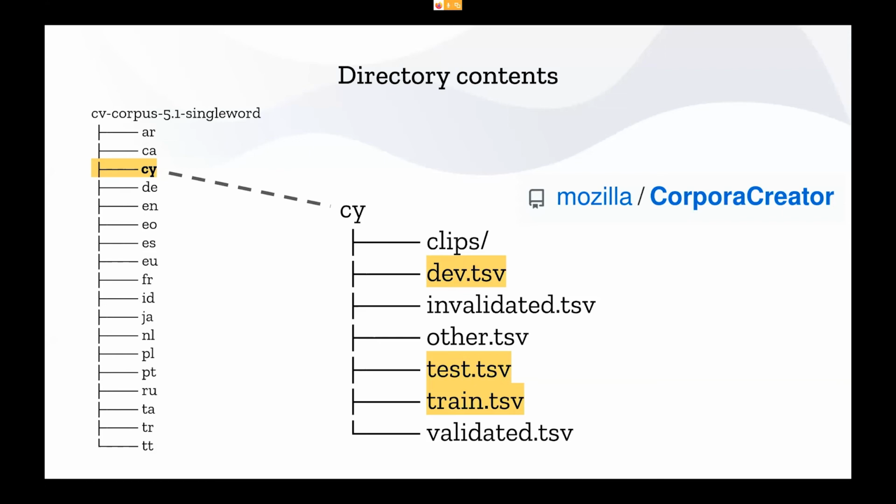And if you're interested, there's a lot of thought that went into how it's split. Basically, the test and the dev samples are statistically determined to be a representative sample of the train set, and you can dive into the stats on what that means. And also, you can change this if you want.